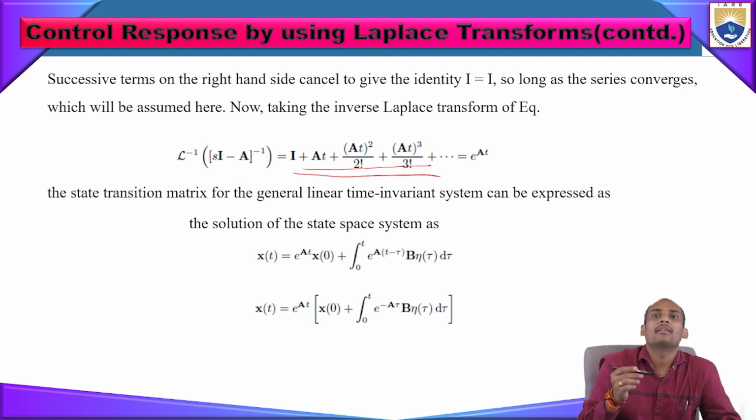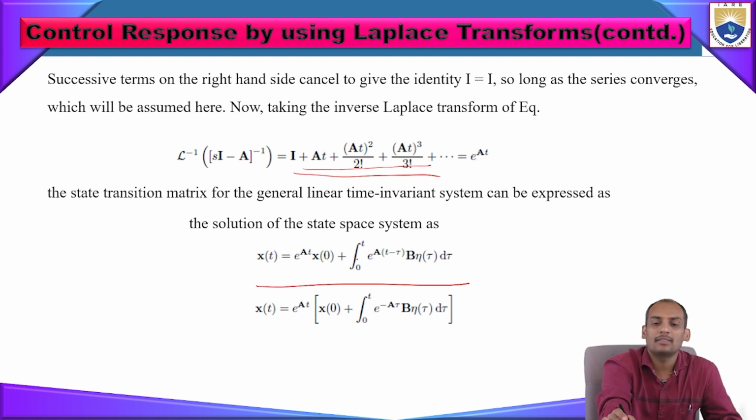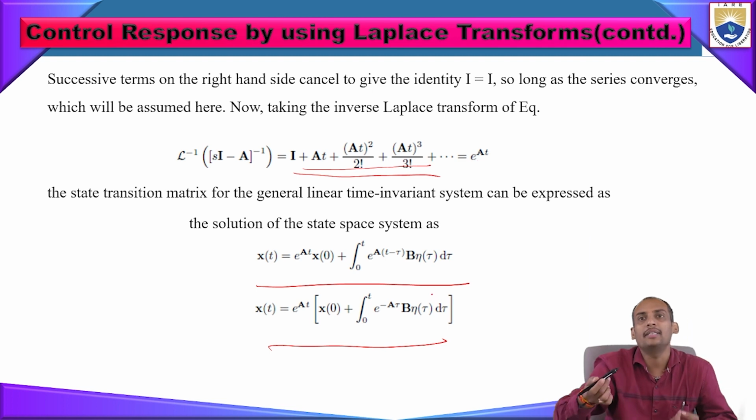Then for that e power At, by using the convolution theorem, we can write x of t will be equal to e power At into x of 0 plus the integral from 0 to t of e power A into (t minus tau) B eta of tau d tau. If you take e power At common, it is e power At into x of 0 plus the integral from 0 to t of e power minus A tau B eta of tau d tau.